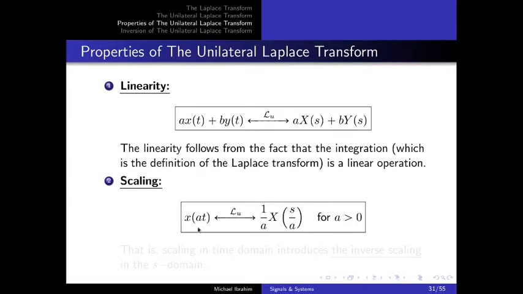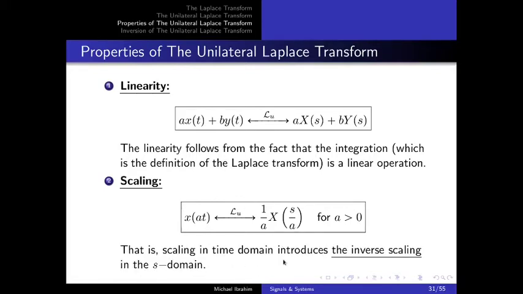So this property implies that if you have a compression in time domain, you would be having expansion in s domain. Or if you have expansion in time domain, you would get a compression in the s domain. So the scaling in time domain introduces the inverse scaling in the s domain. Here in the time domain it's x of at.